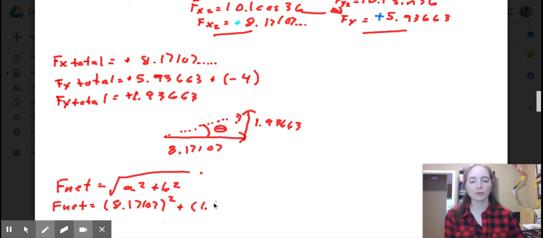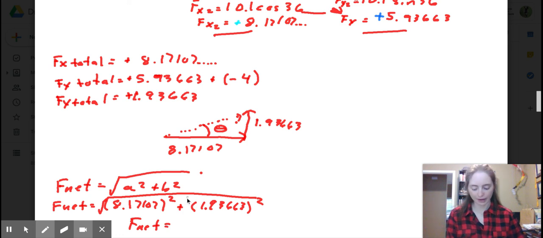Plus 1.93663. Square that. Square root the lot. And we're going to wind up with magnitude of our F net being 8.397 newtons.